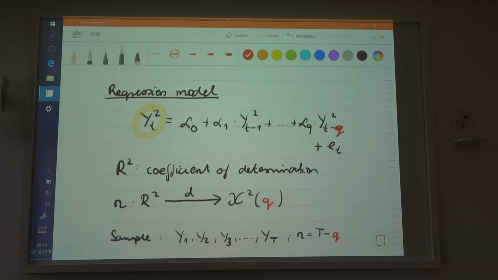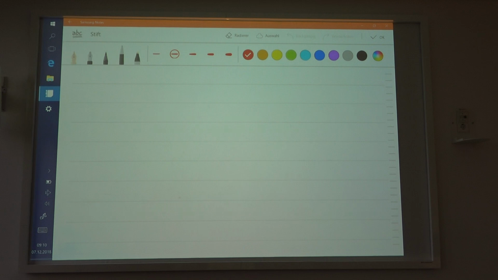Now, you can reject the null hypothesis if the model is significant, because the null hypothesis says that all coefficients are equal to 0, without exception. So here the null hypothesis says that these coefficients alpha 1, alpha 2, and so forth up to alpha q are all equal to 0.